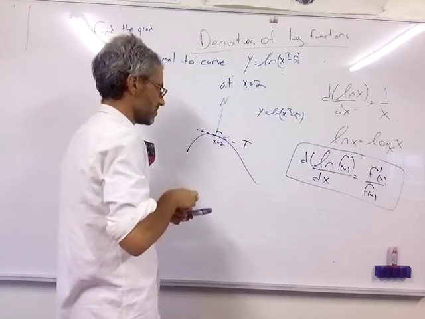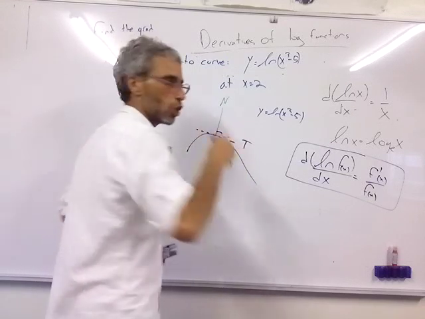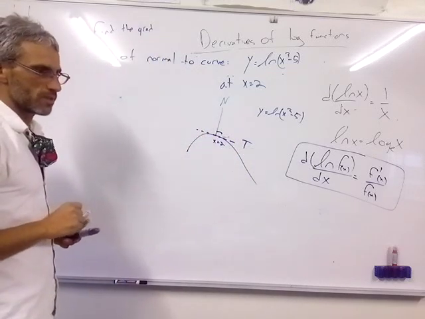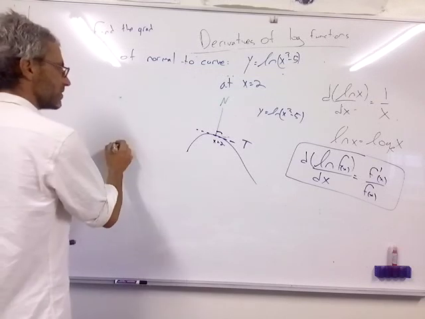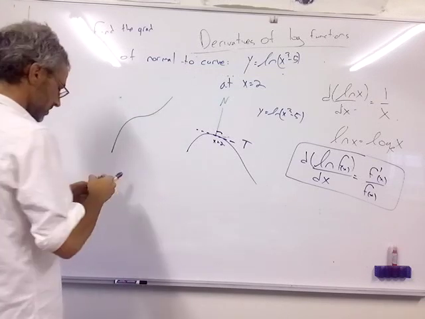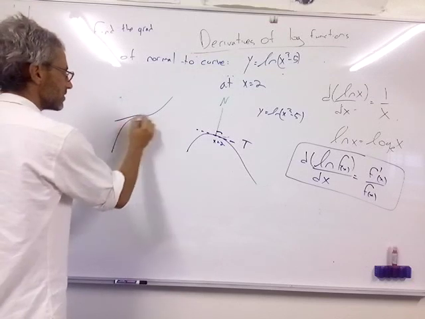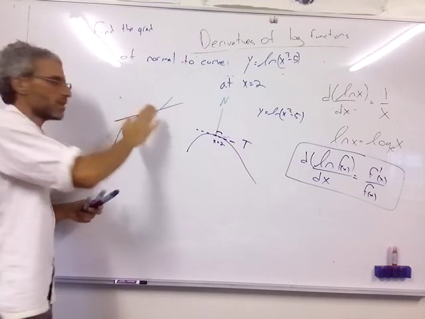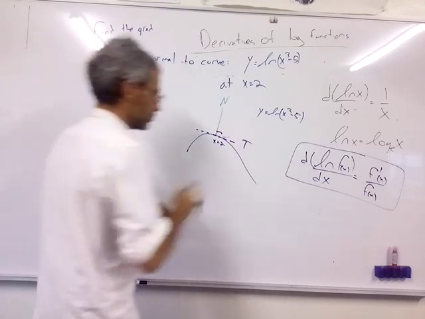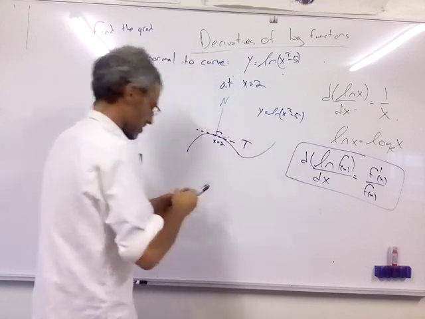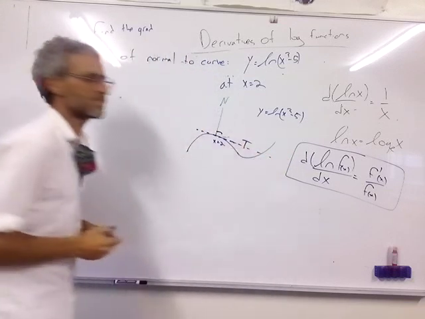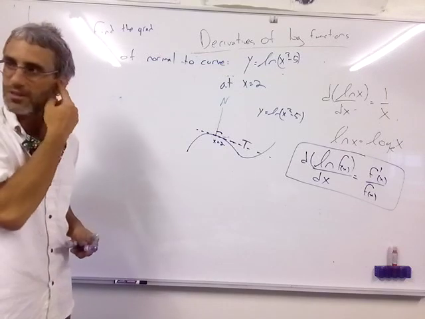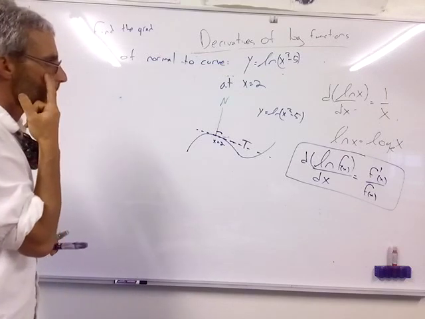A tangent can cross the curve eventually, it just doesn't cross at that point. The way I drew it was not very good. It just kisses the curve at that point.